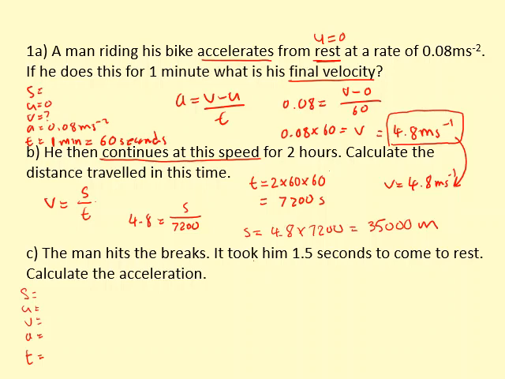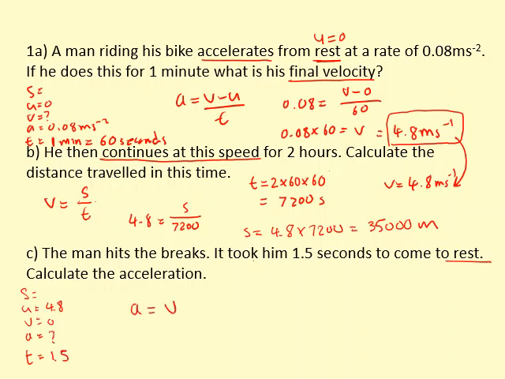So what do we have? His initial speed is the same speed as before, so it's still 4.8, because that hasn't changed. And then his final speed, he's slowed down and come to a rest, so it means he's stopped. His time is 1.5 seconds, and acceleration is what we're trying to find.